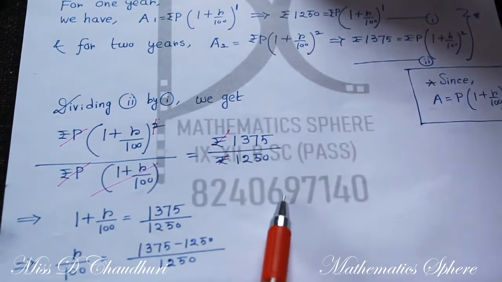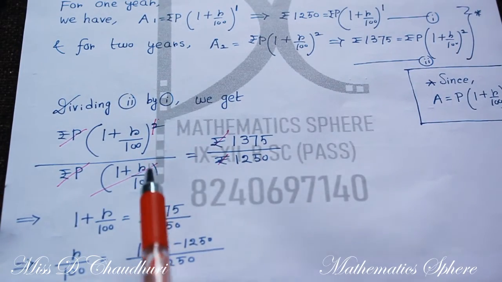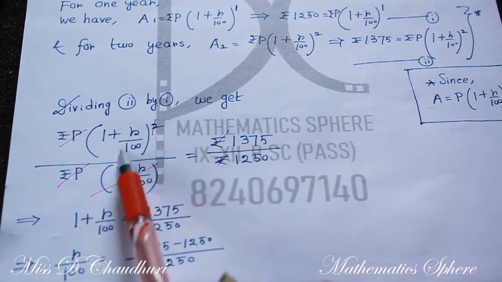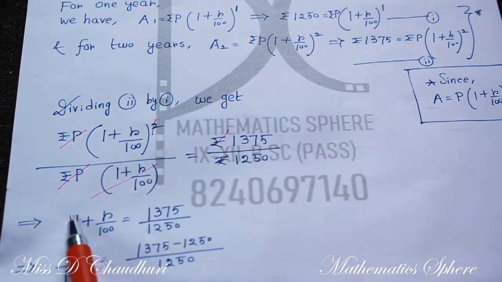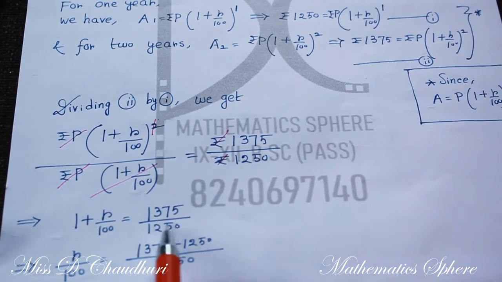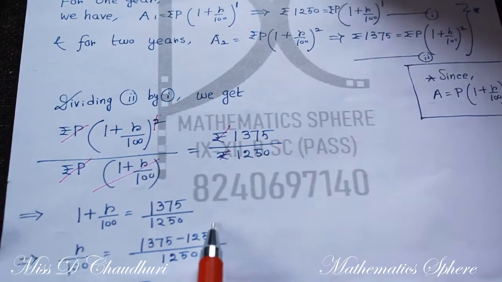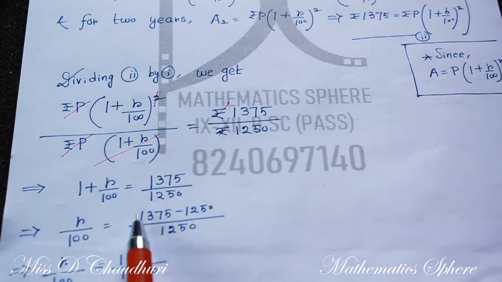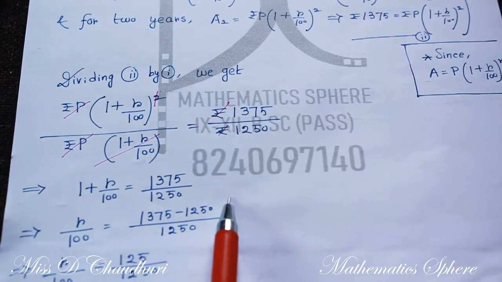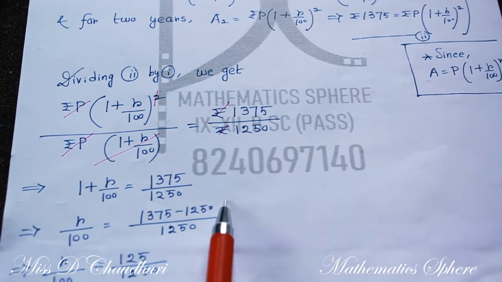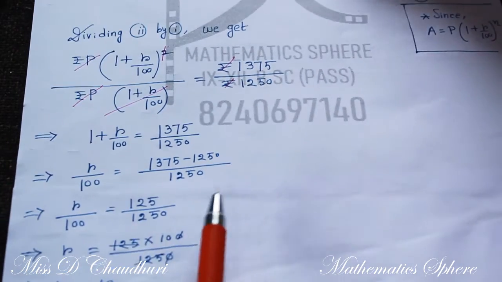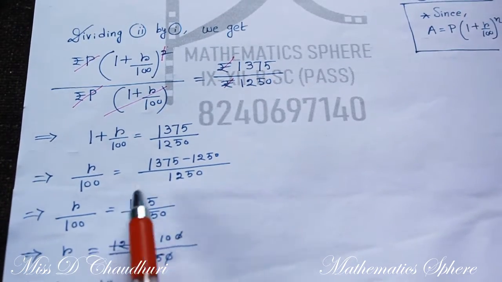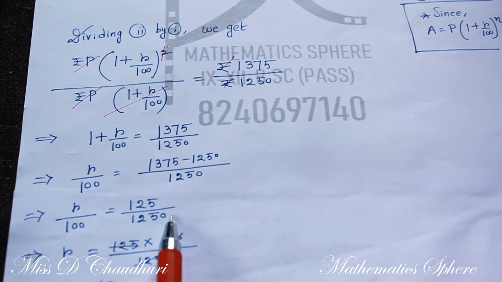Now you see this is very easy. From this one and this one will get cancelled, only one will be remaining. So 1 plus R by 100 equals 1375 by 1250. So ultimately you are going to get R by 100 equal to this minus 1, because when you shift this 1 to this side you will have to subtract by taking LCM. So ultimately R by 100 equals 125 by 1250.